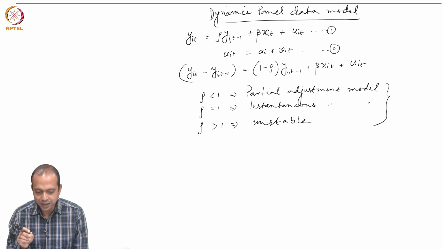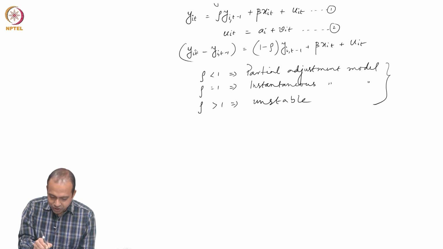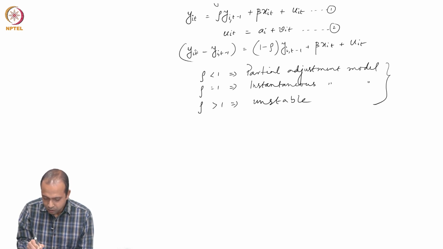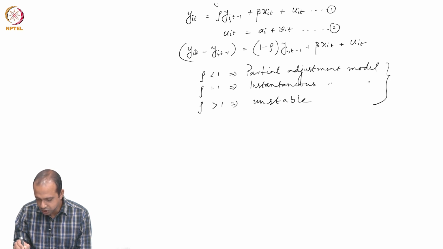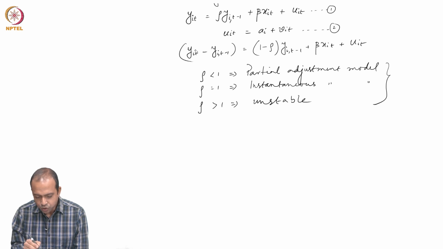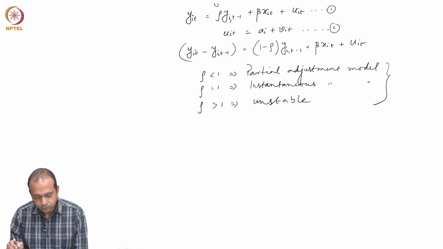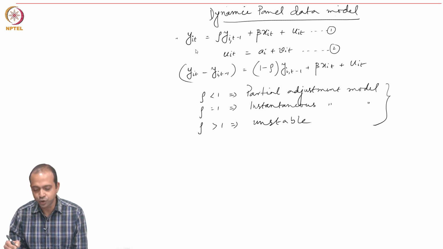Now, in case we have a dynamic panel data model, the main feature of this model, I am writing it once again: Y_it equals rho Y_i,t-1 plus beta X_it plus A_i plus V_it. Since Y_it is a function of A_i, and there is no t subscript over here, what we discussed is that Y_i,t-1 is also correlated with A_i.